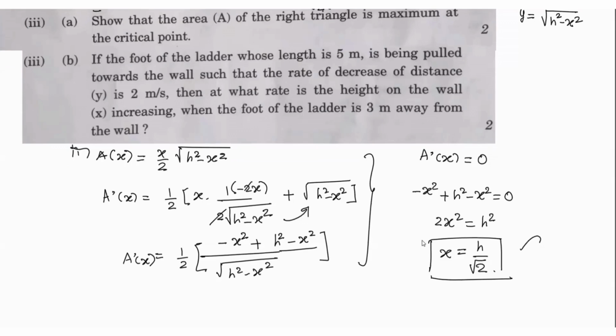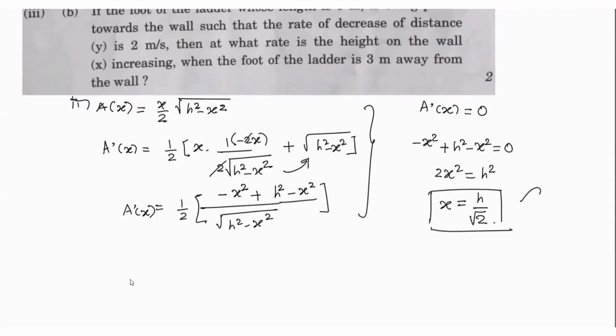So we can get only one maximum area. They've asked to show that the area is maximum, which means we need to find A double dash of x. If it has to be maximum, A double dash of x has to be negative at x is equal to h by root 2.